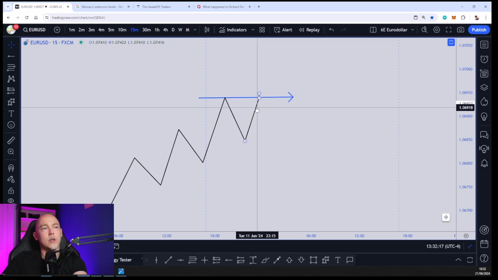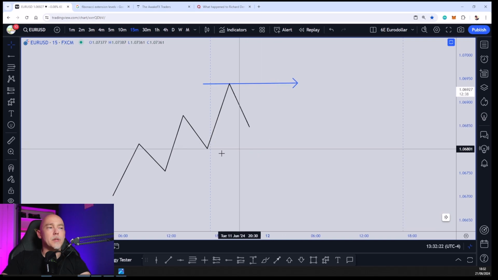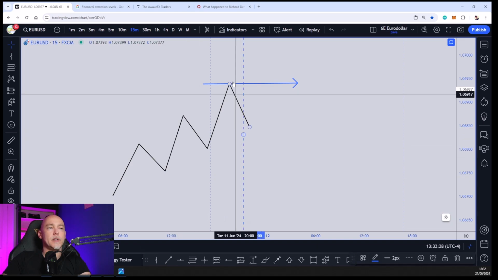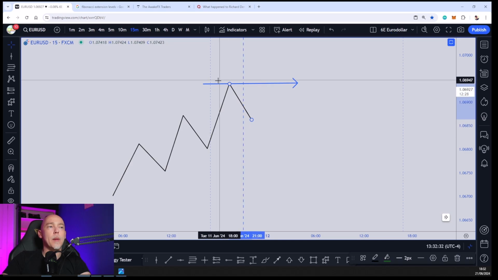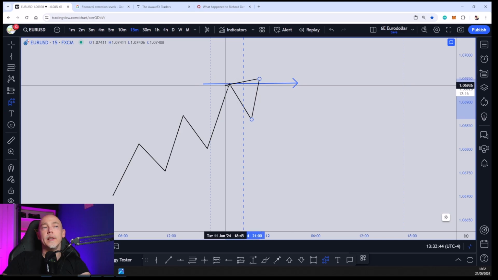So what is turtle soup? So if we go back to this idea that there are many times in the market when price is in an uptrend, or price may start, let's say a new session. Let's say this was the start of a trading session here. And what you might see is there may be a previous high like this. And then once price gets up to that previous high there, what turtle soup is, is when price takes out the high, takes the liquidity that's above there, and then reverses to go the opposite way.